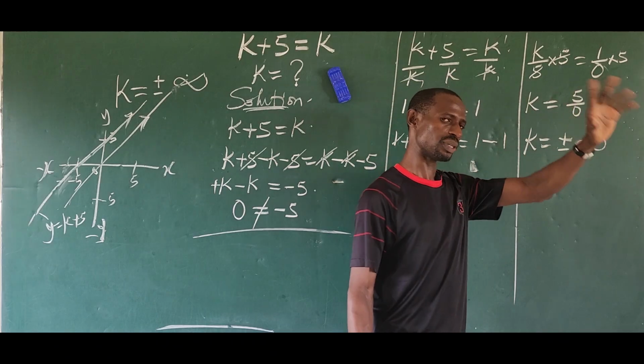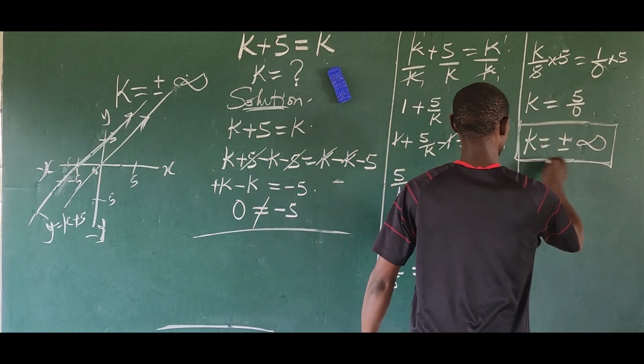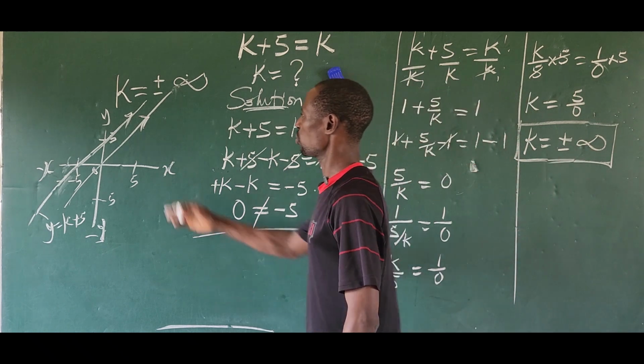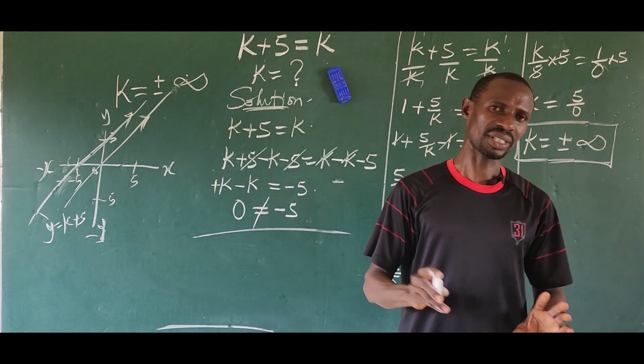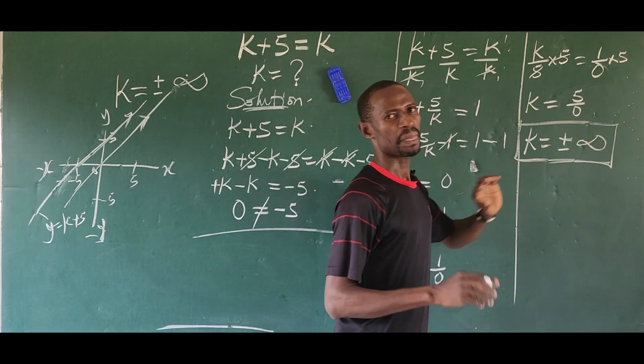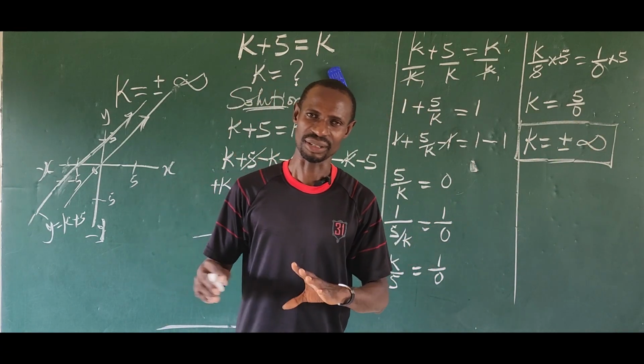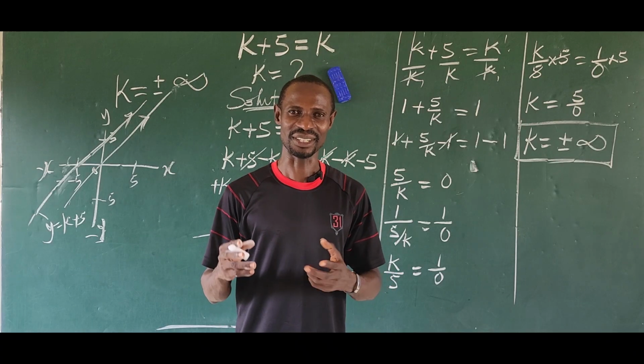Everything tends to infinity. And so with the help of this method, this corresponds with the graphical method. But the question now is this: is k equal to plus minus infinity the answer? The answer to that question is no. It is not the answer.